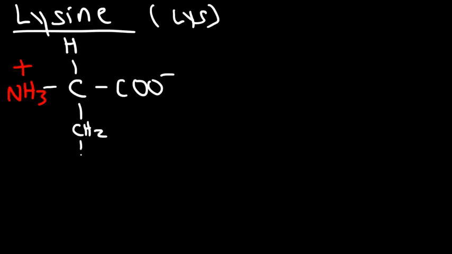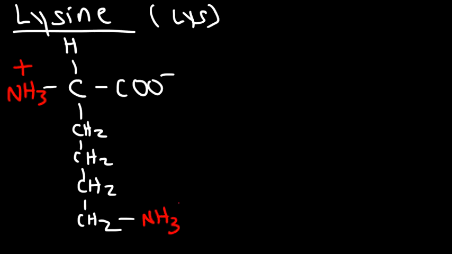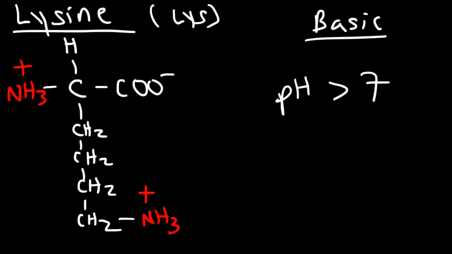So we have a CH2 attached to another CH2, and then another one, and then another one. And then at the end, we're going to have an amine. So when you see an amine in the side chain of the amino acid, this is known as a basic amino acid. So if you were to put this amino acid in a solution, the pH will be above 7. If you were to put an acidic amino acid in water, the pH will drop below 7 because it's acidic.